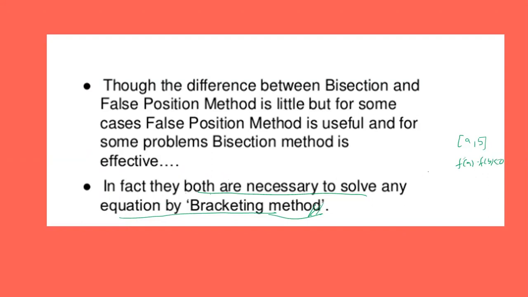The only difference is that in the regular false method we consider brackets, but in the secant method we just write the equation and go on replacing the x0 and x1 values. You will get the next iterations. That is the only difference between the secant method and the regular false method.